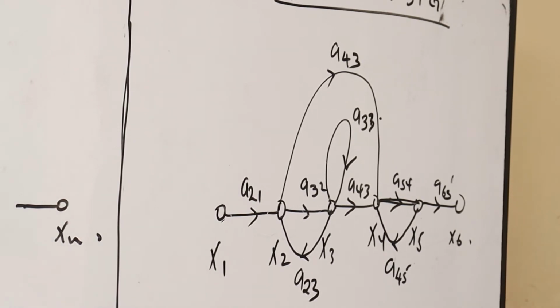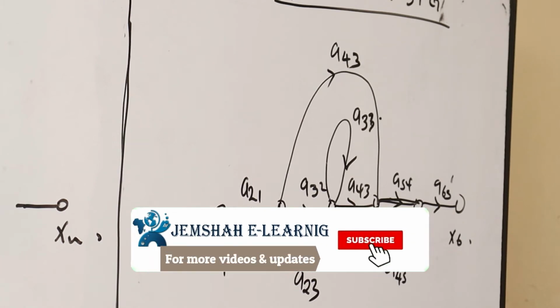The node has to be traversed once. That is why we refer to a path as a continuous unidirectional succession of branches along which no node is traversed more than once. Like x1 to x2 can be considered a path. In fact, x1 to x2 can be considered both a branch and a path.